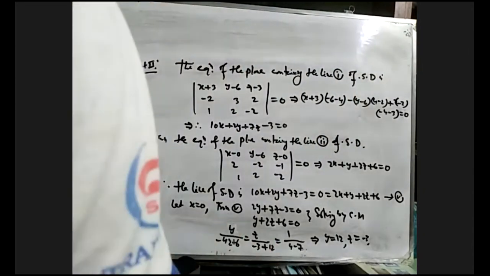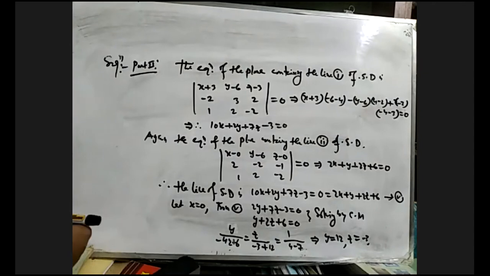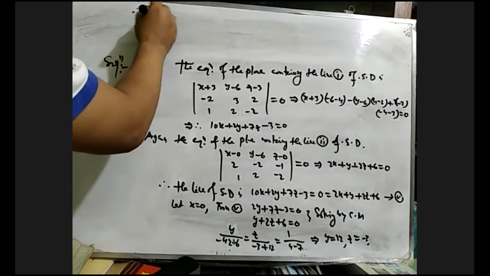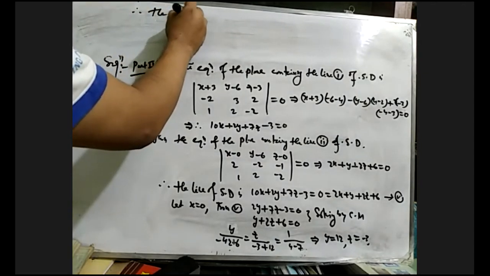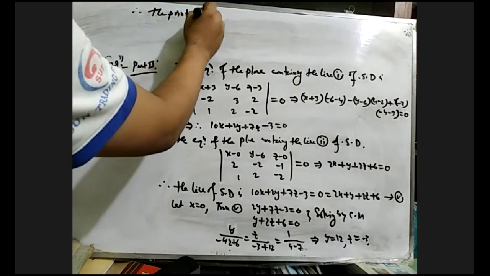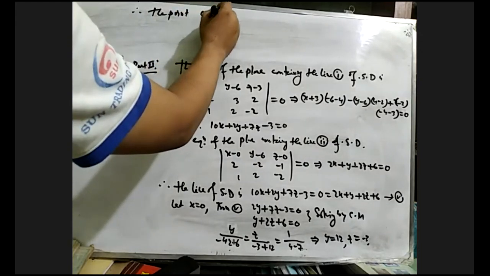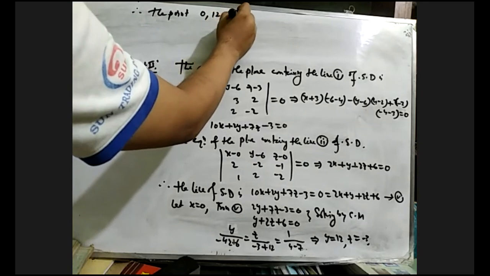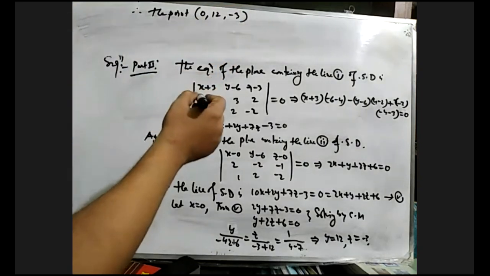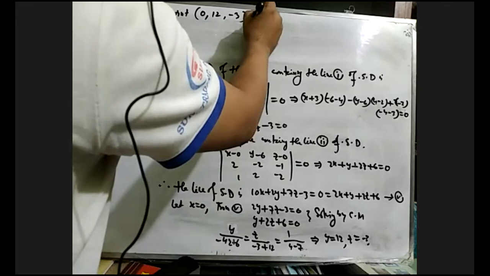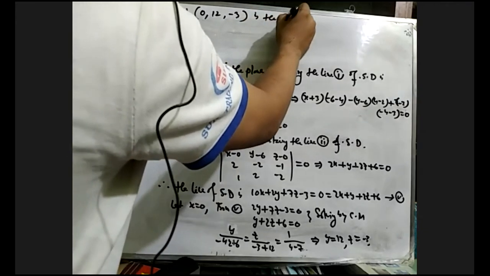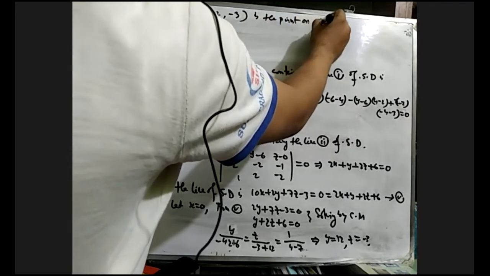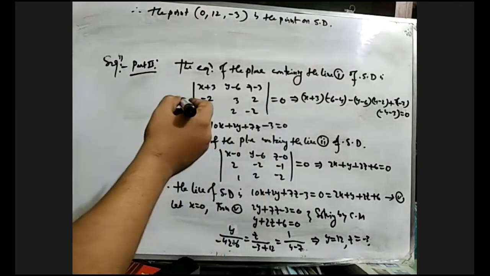So after solving, we get the point x equals 0, 12, minus 3. This is the point on what? On the line of shortest distance.